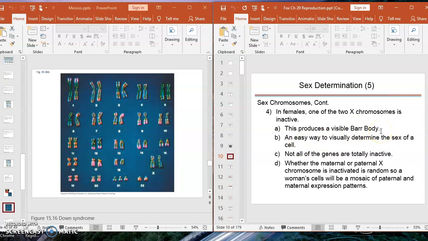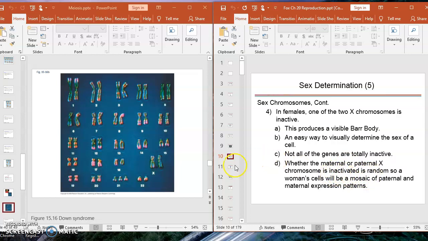So she actually, in each cell, would be working off one X. Now, here's where what we call a mosaic, like a shirt that has multiple colors is a mosaic: in some cells, the bar body would be from the dad's chromosome, and in some cells from the mom. So that lady would be working from either one, depending on which one. So it's more of a mosaic pattern in the female. Not all the genes in the bar body are inactive. Not all of them. Some are not.